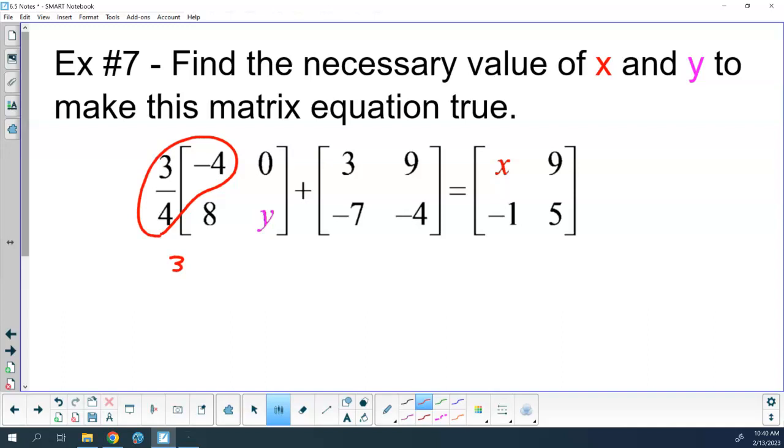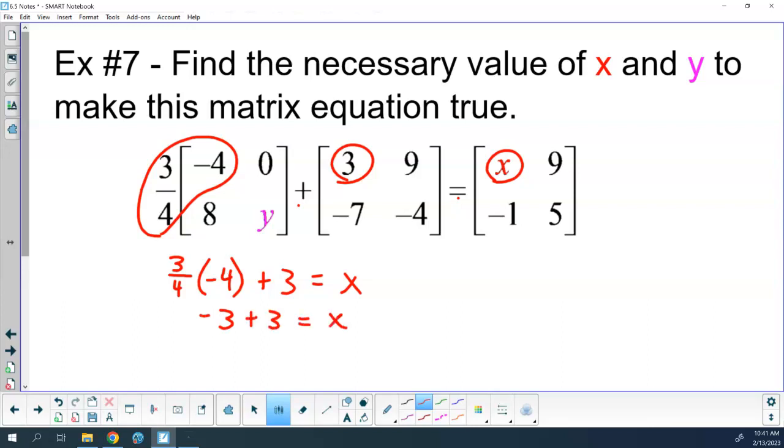So that would be 3/4 times -4 plus 3 equals x. 3/4 times -4 is -3. -3 plus 3 is 0. So x is 0.